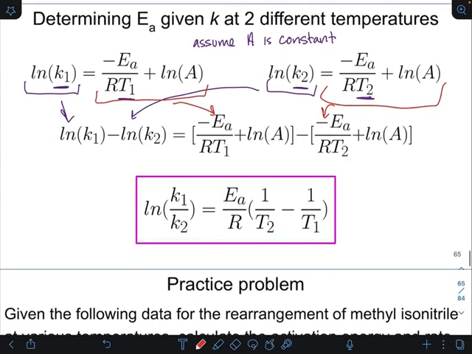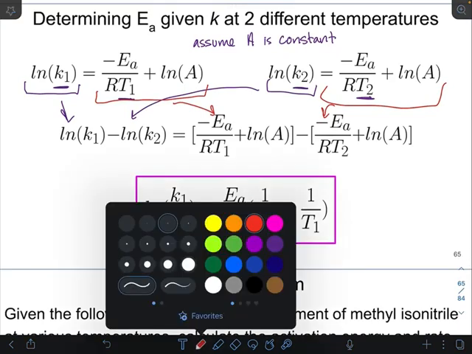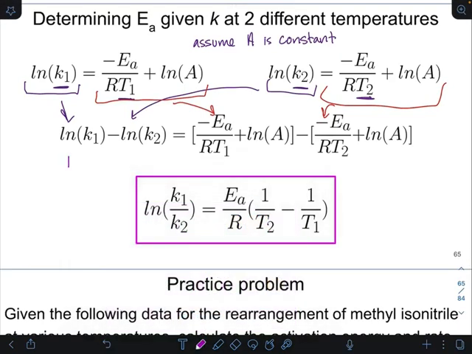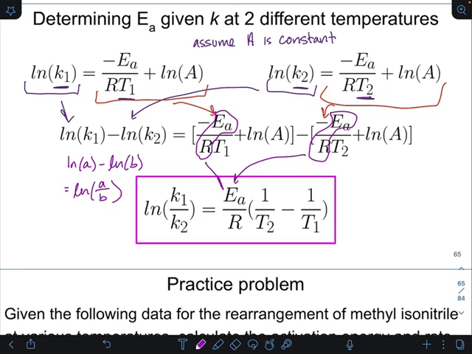Okay, so then we can simplify this. Log A minus log B is log A over B. We can bring out EA over R, because that's a constant. The ln A's cancel out.